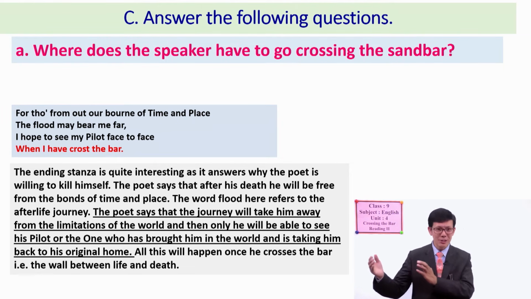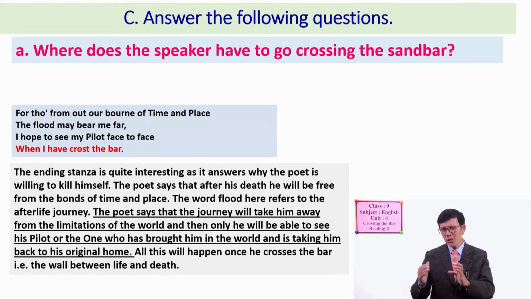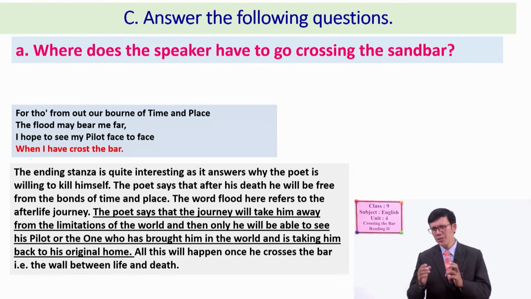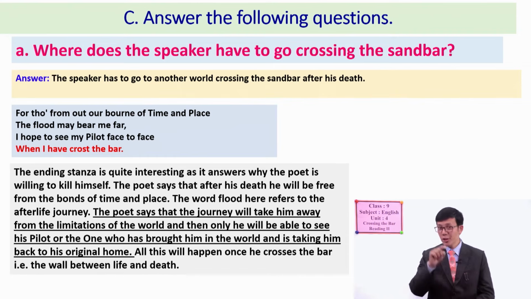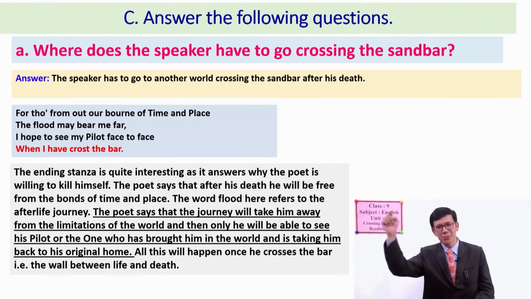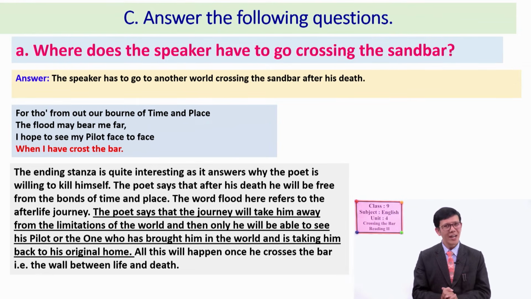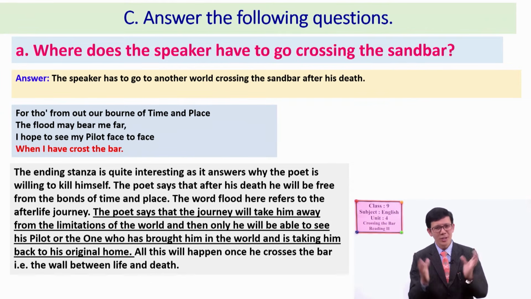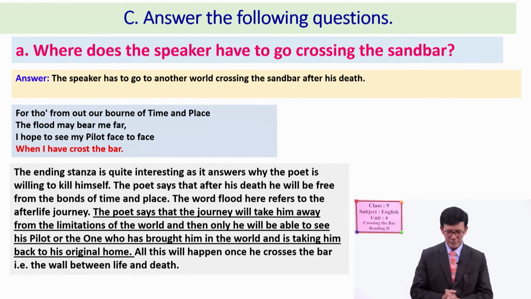So crossing the bar, the narrator has to go to the, very good, where? The speaker has to go to another world, crossing the sandbar after his death. Is your guess correct? Perfect.